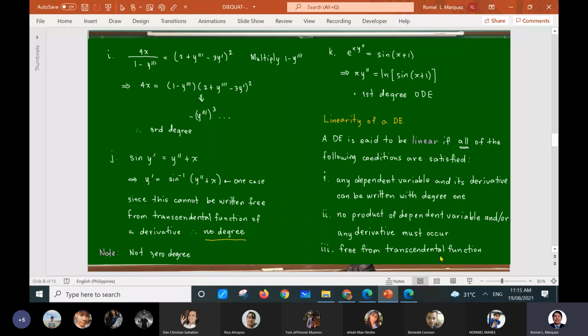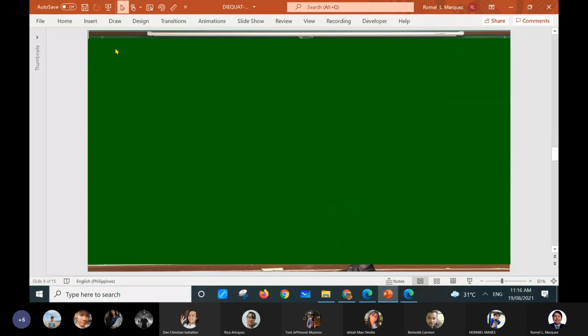Of a dependent variable and its derivative.